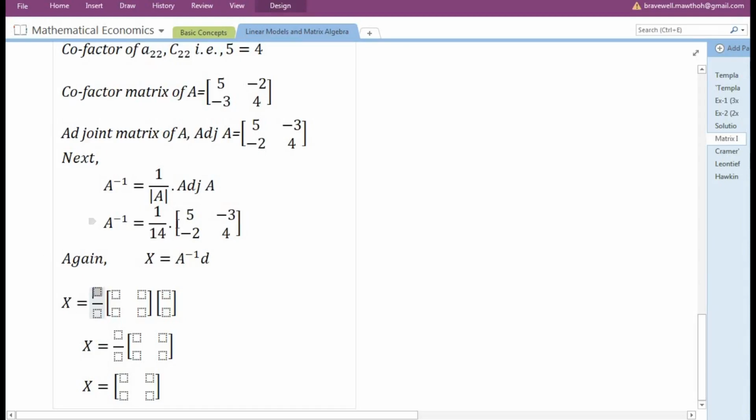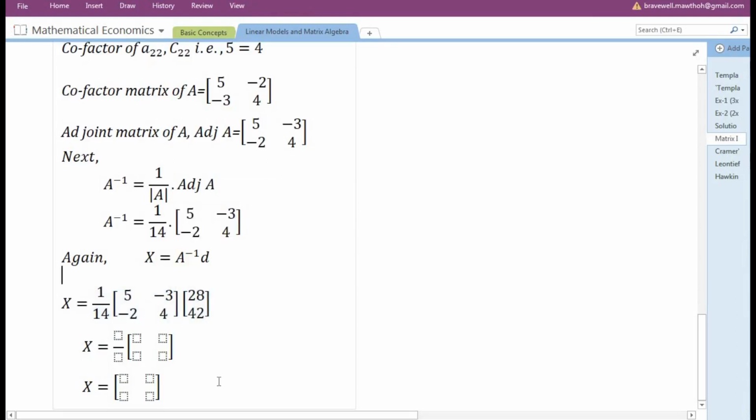So A inverse is equal to 1 by 14 times this matrix. After substituting A inverse and the constant term vector, we are going to simplify further. In the simplification process, we are going to leave this scalar as it is, and multiply this matrix of 2 by 2 order with this vector. We know the multiplication process.